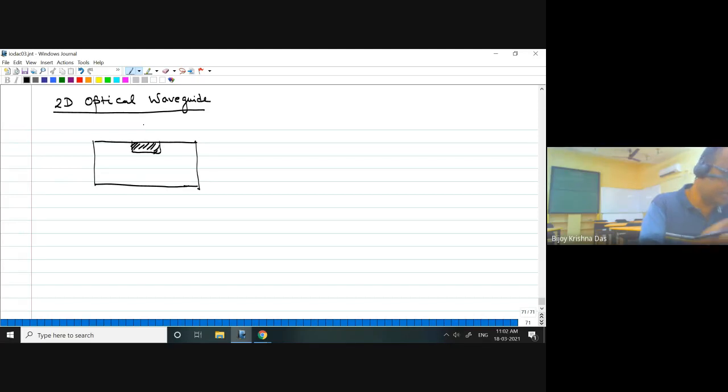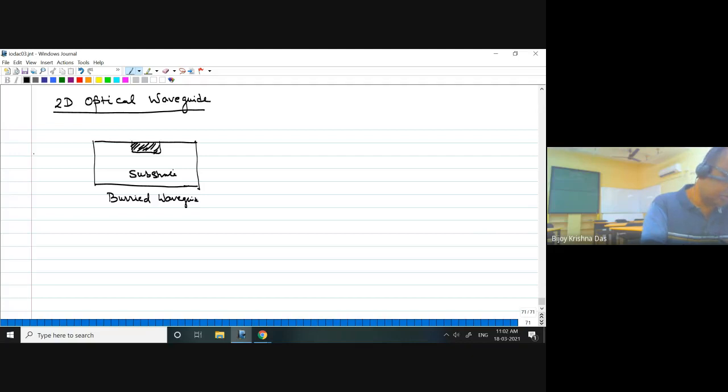Top, it can be air, it can be something else. This is a cross section where light can be confined. This is your substrate. This type of waveguide is called a buried waveguide, or sometimes a channel waveguide.